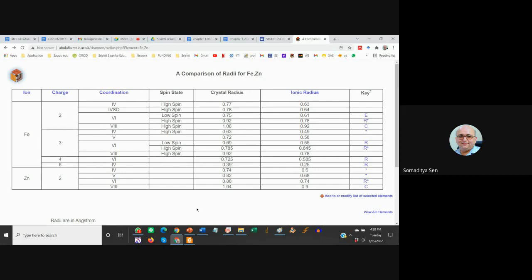One option is it can invite an oxygen interstitial, which is a source of negative charge. So two irons will generate two positive charges, and that can be compensated with one oxygen interstitial.